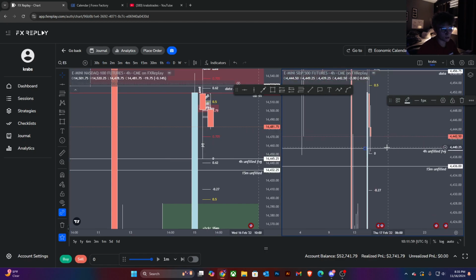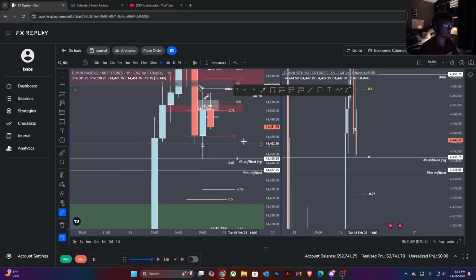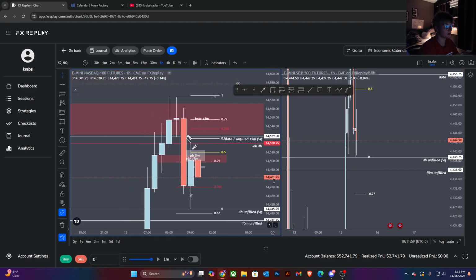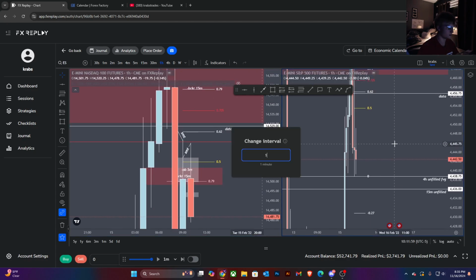See if we can catch this short, rebalance that. Hourly unfilled.